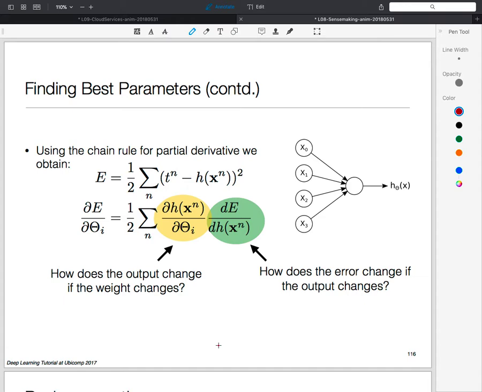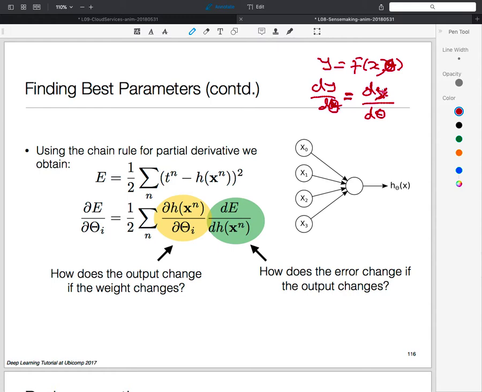The simple version of the chain rule we would have always seen is: if y is f of x, then dy over dx. Sorry, I want to calculate dy over d theta.